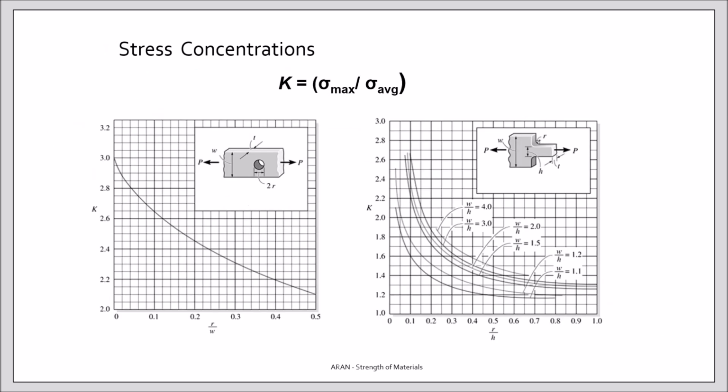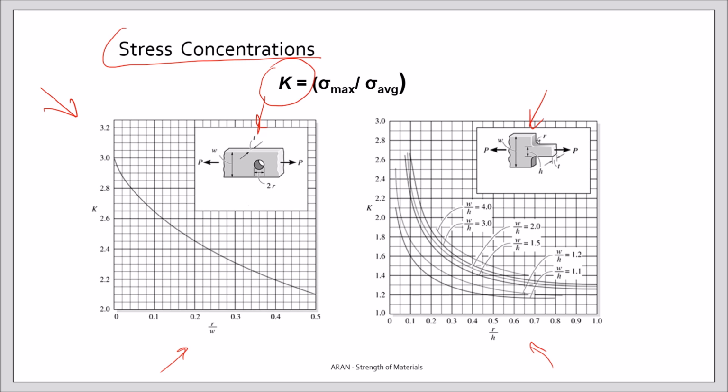To do it, we have graphical aids in order to find the stress concentration. Here you have two simple examples for hole and for fillet, and in engineering handbooks, you will find hundreds of such graphs for finding the stress concentration.